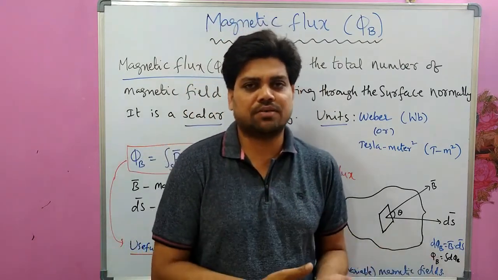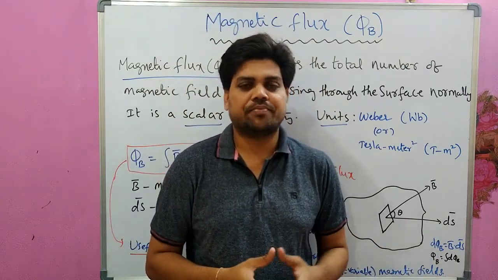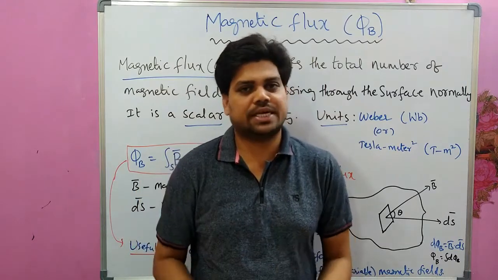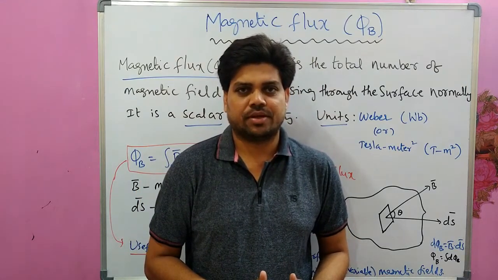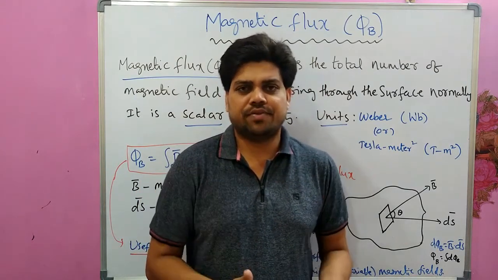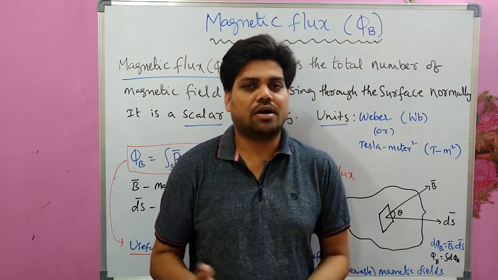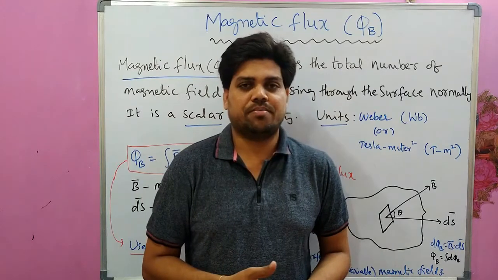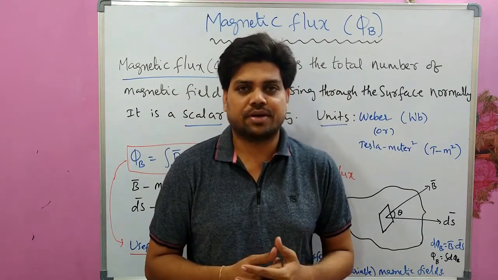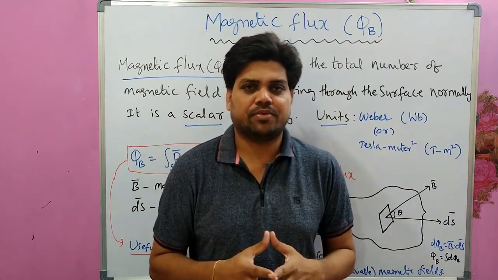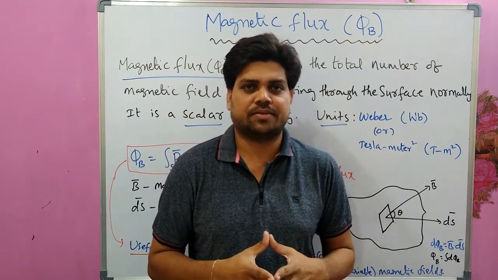That means open surface, that is two-dimensional, or closed surface, three-dimensional. Magnetic field can be uniform, that is constant magnetic field, or it can be non-uniform, variable magnetic field. Whatever it may be, you can define magnetic flux.